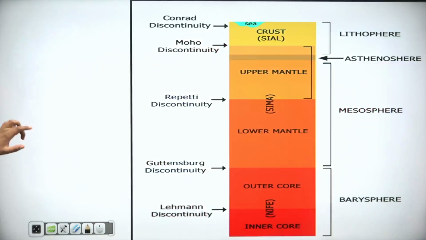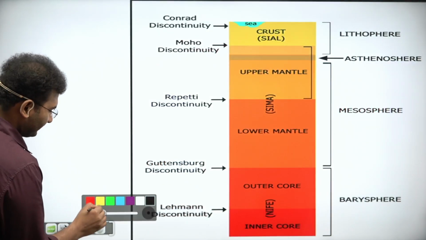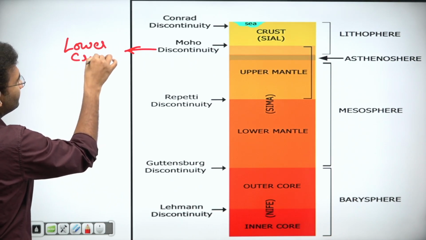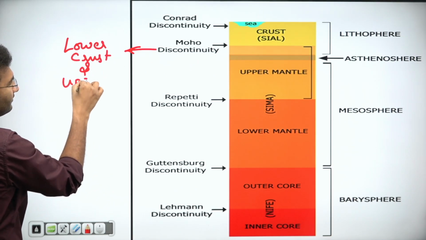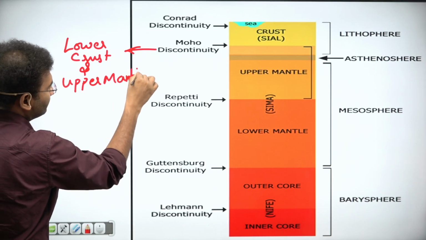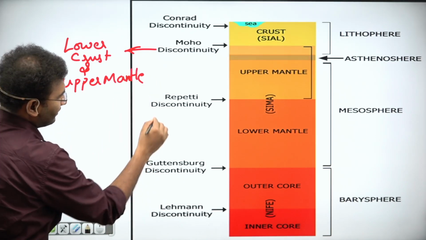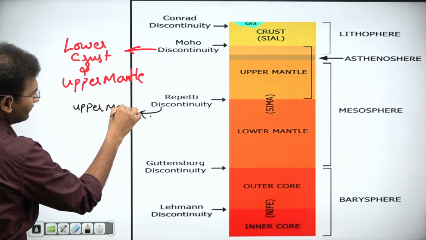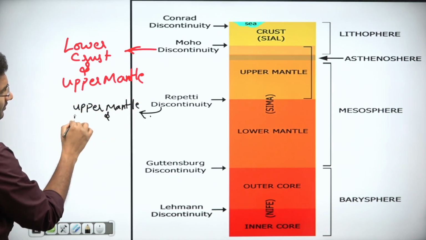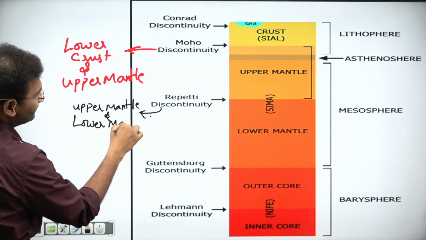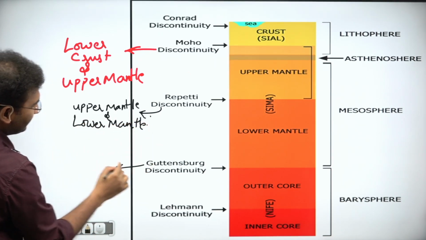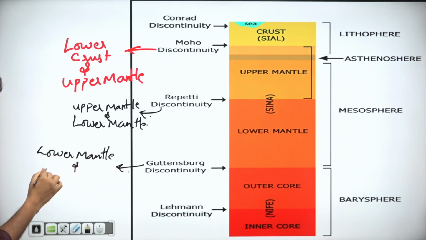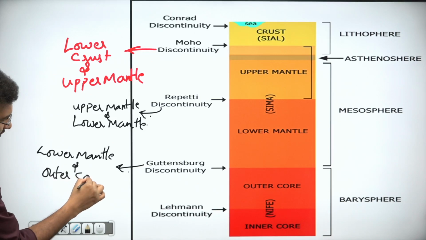Lower crust and upper mantle. Okay, let me write it here. It will be easy for you. This is lower crust and upper mantle, whereas Repti's discontinuity is between upper mantle and lower mantle. Gutenberg's discontinuity is between lower mantle and outer core.